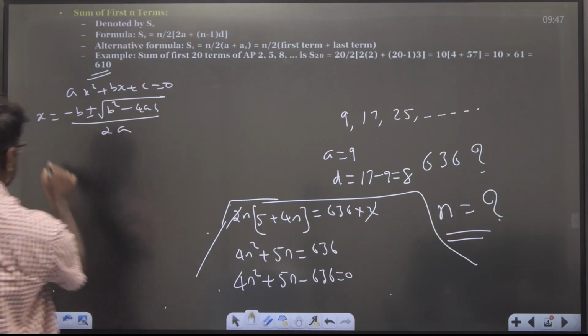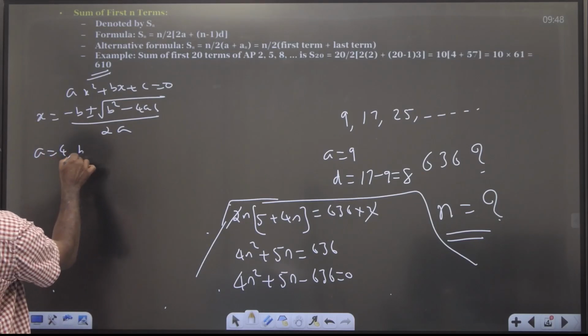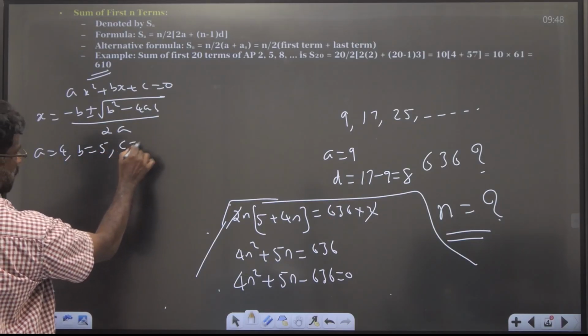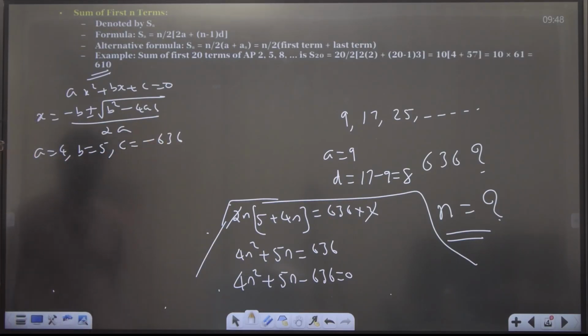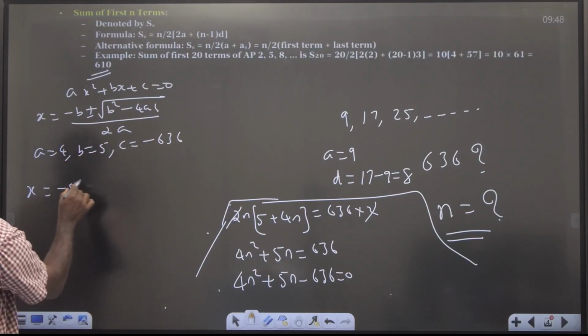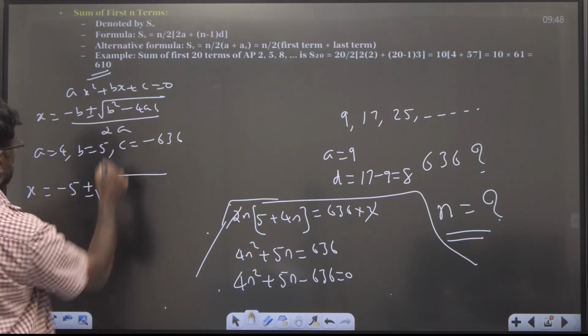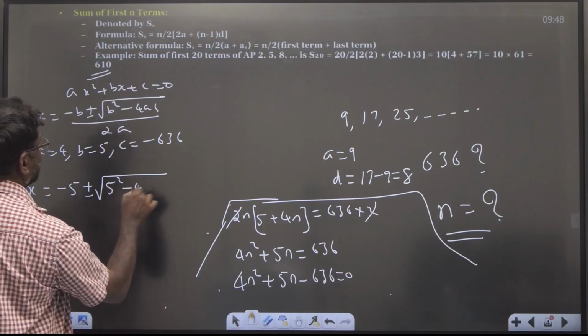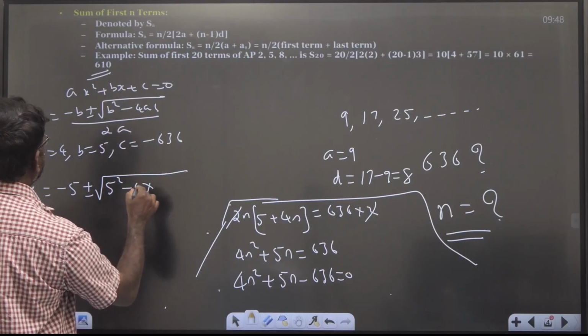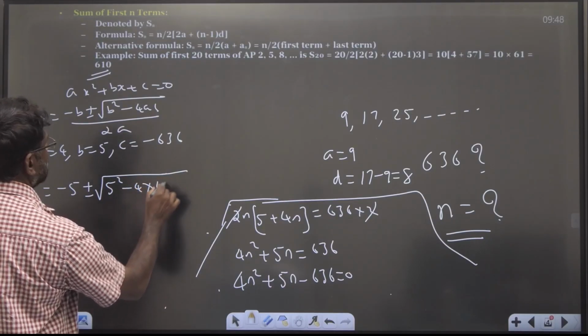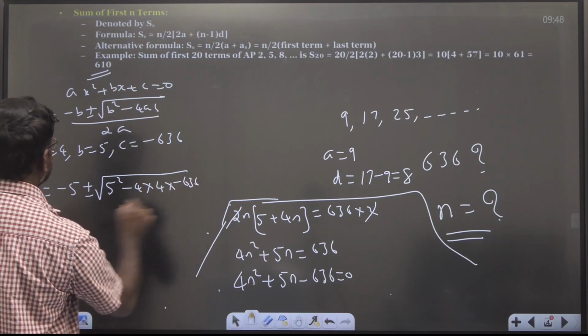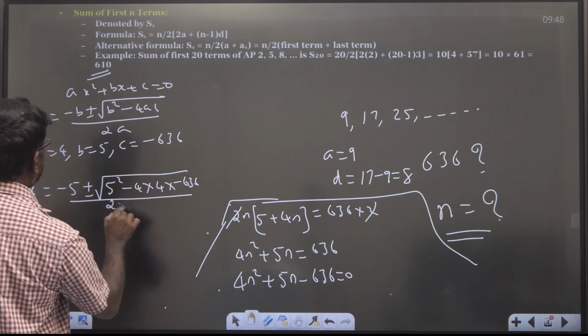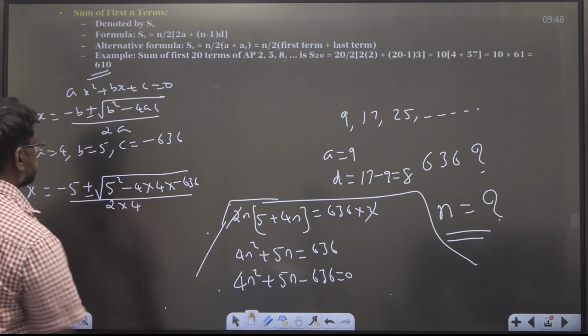Here what is a? A is equal to 4. What is b? 5. What is c? Minus 636. So x is equal to minus 5 plus or minus root of 5 square minus 4 into a, which is 4, into c, negative 636, by 2a, 2 into 4.